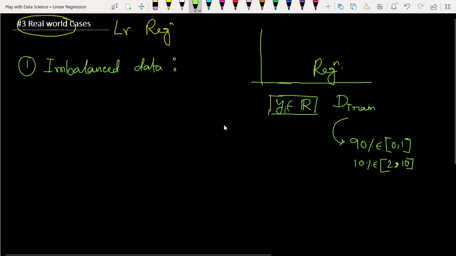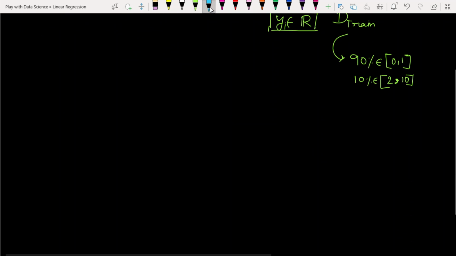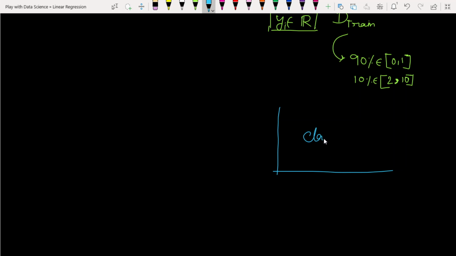And if we consider imbalanced data for classification, then what will that be? In classification, what will yi be? It is not called a natural number, it is simply an integer value. It will take only integer values. Suppose yi belongs to +1 and -1.